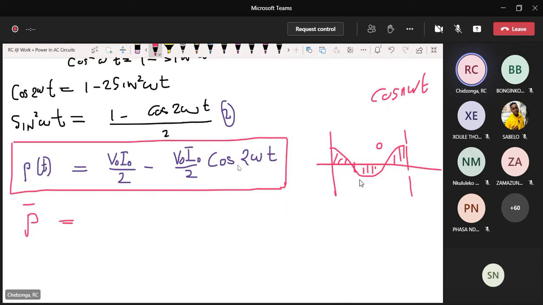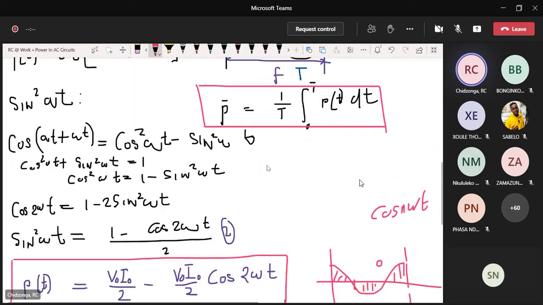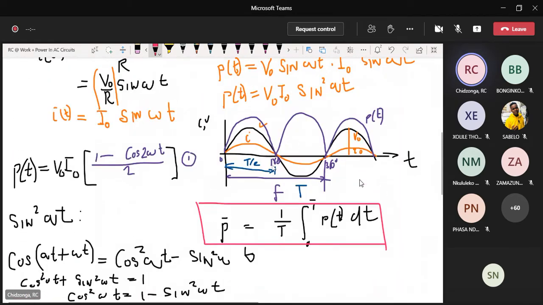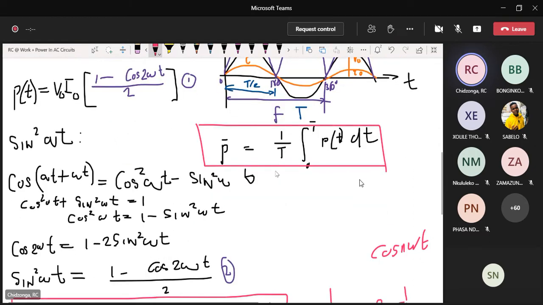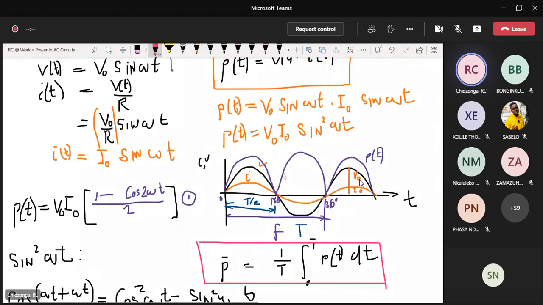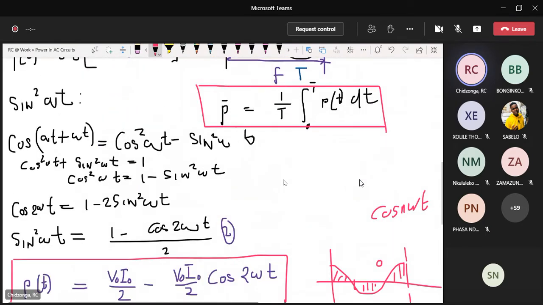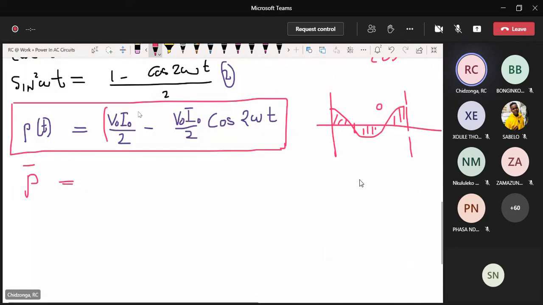So this term here with a cosine times 2 omega t is only telling us that the power signal, as has been correctly answered, is a pulsating sinusoidal component whose average value over a full cycle is 0. But the actual average power coming from the AC source is given by this term here.